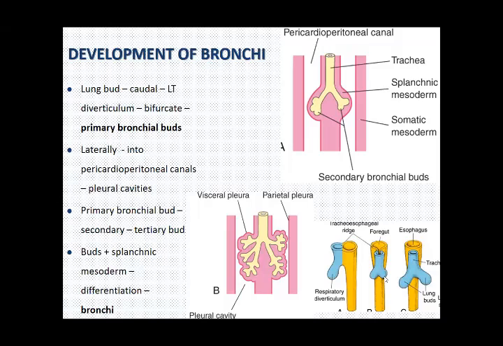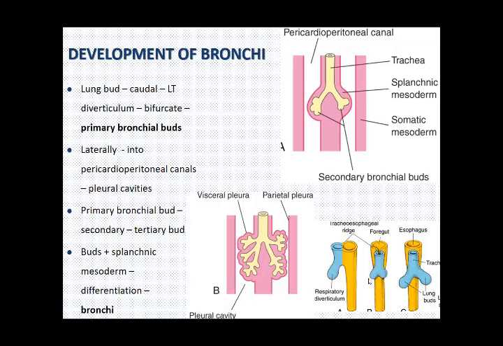ये जो two dilated parts की जो आगे से two subdivisions, they are called primary bronchial buds या lung buds. ये primary lung buds, ये primary bronchial buds कहते हैं. ये जो primary lung buds हैं, they then grow distally.